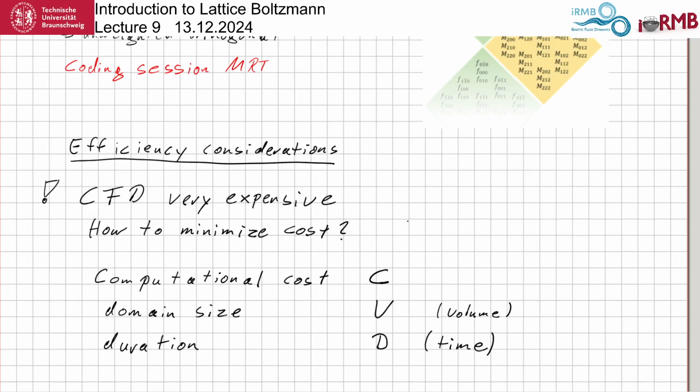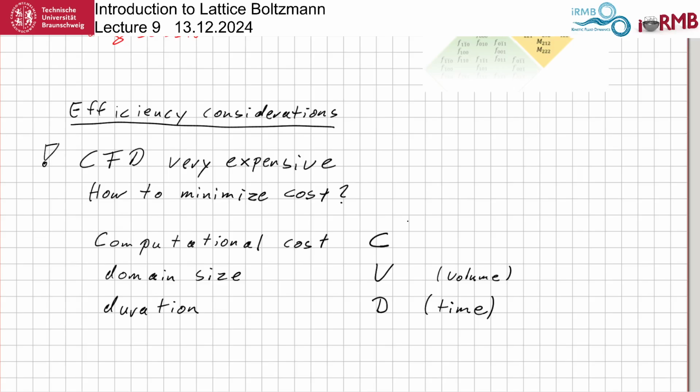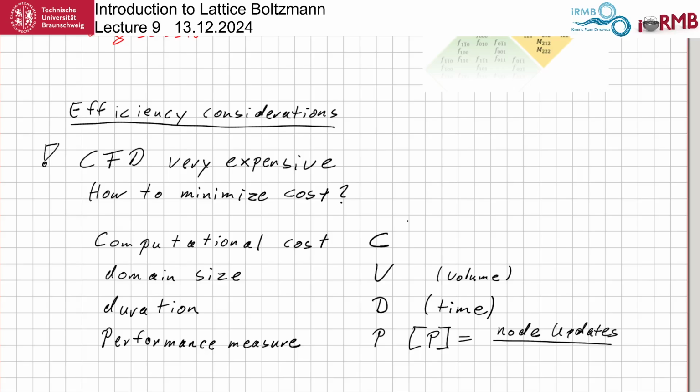And then, in order to evaluate this, we need some performance measure. And this performance measure P, which here we use, is so-called node updates per second.